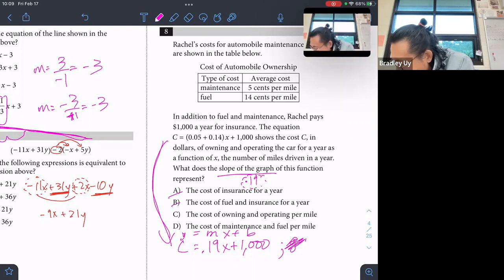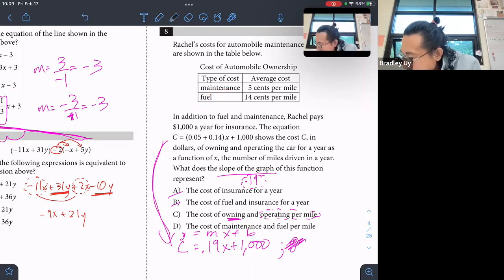The cost of owning and operating per mile, that's kind of close, okay? C is the cost of owning and operating the car for a year. I wouldn't say it's the cost of owning, okay? It's more the cost of operating per mile, because we need to pay for maintenance and fuel. So that's about operational costs.